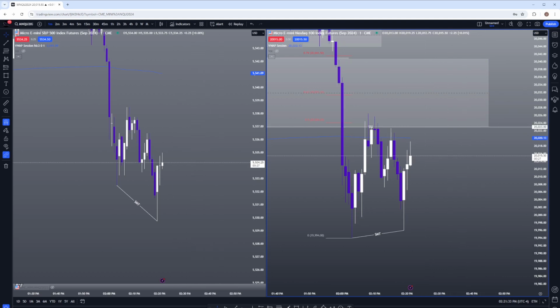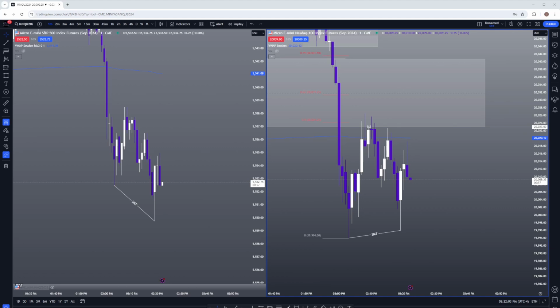So another reason why I wanted to sell there. So we'll see if we're still going to get that drop. I mean, we're still making lower lows and lower highs, which I do like.